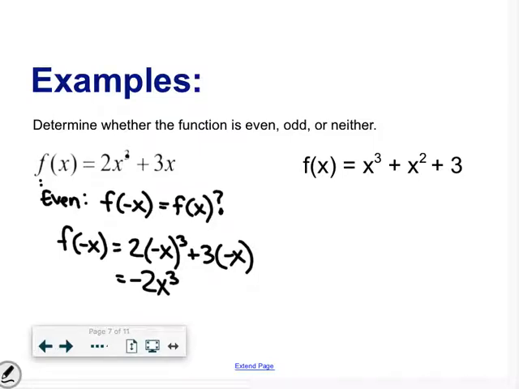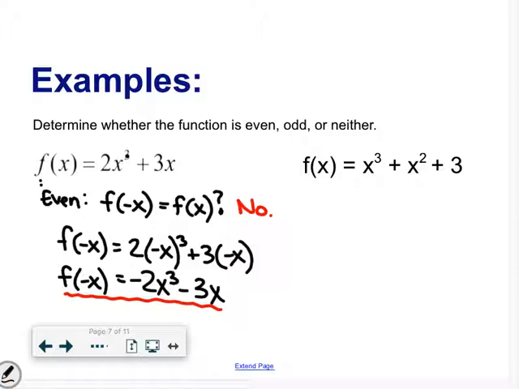And 3 times negative x is going to be minus 3x. So there's my f of negative x. Is f of negative x the same thing as f of x, the original? No. Okay. So it's not even.